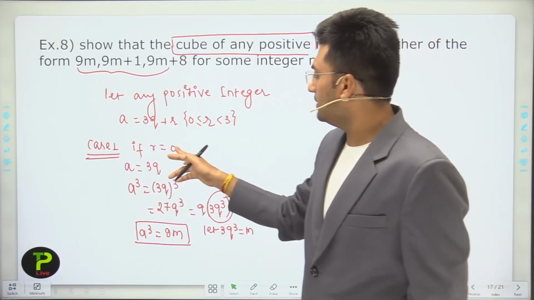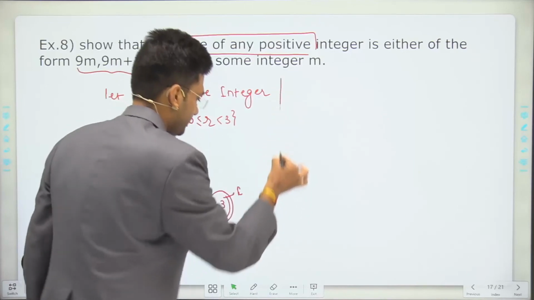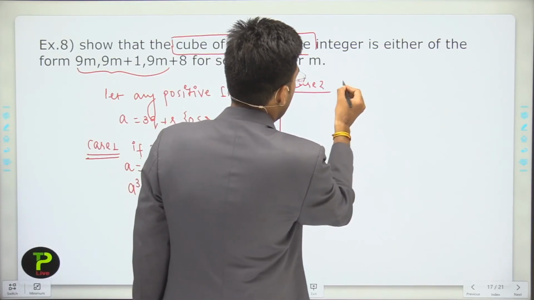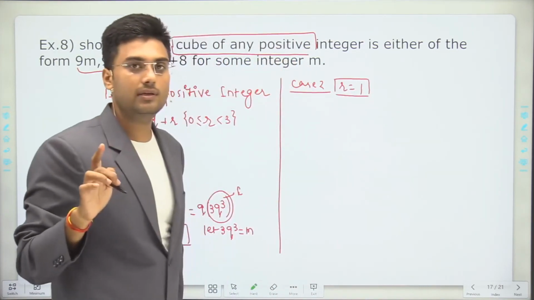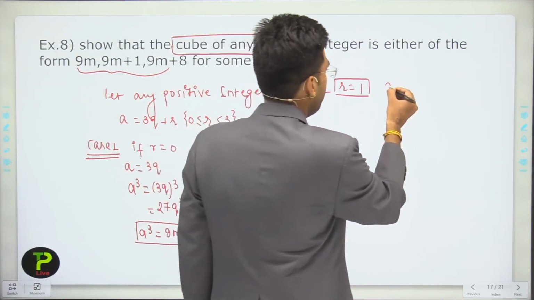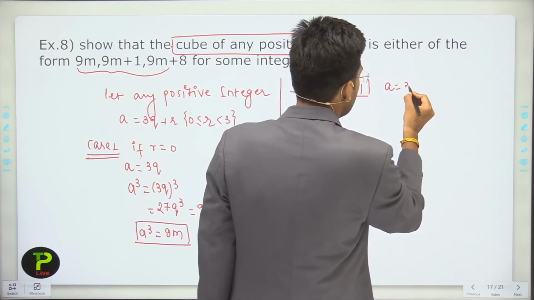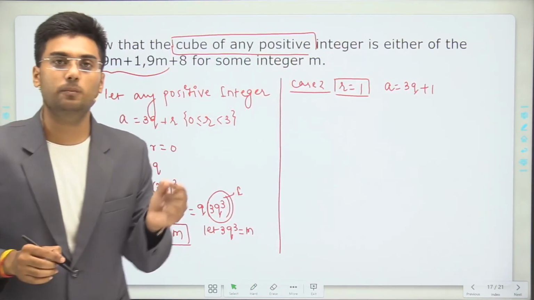Okay, now come to the next case. The first case was r is equal to 0, and the next case is case 2, r is equal to 1. If r is equal to 1, then a is equal to 3q plus 1.